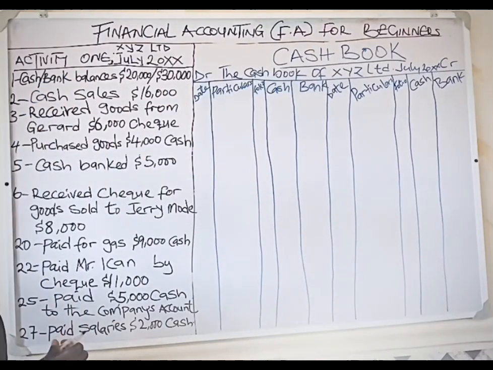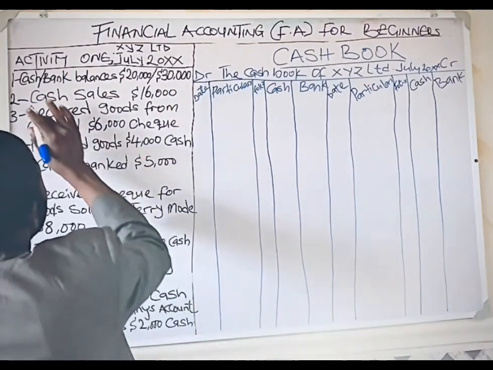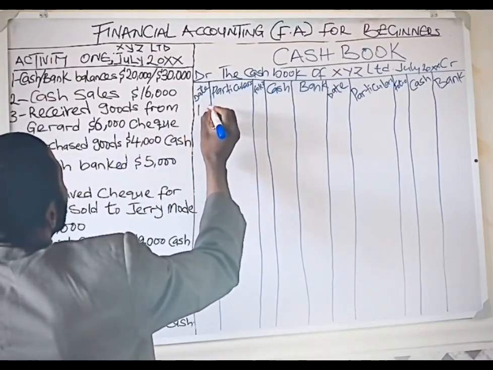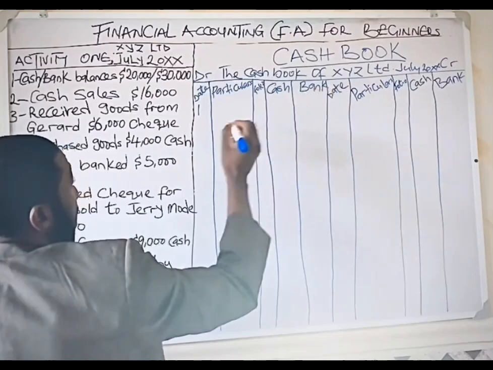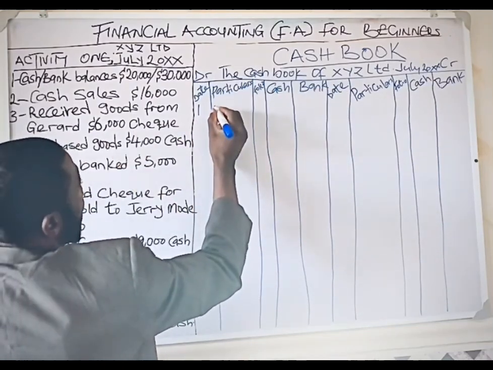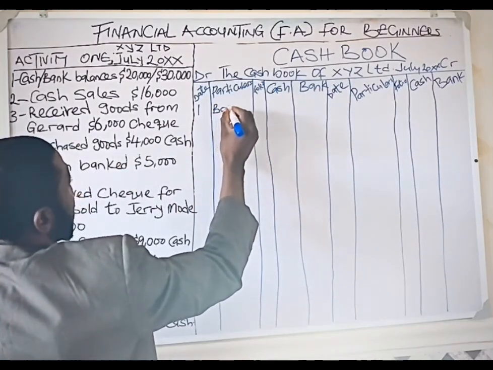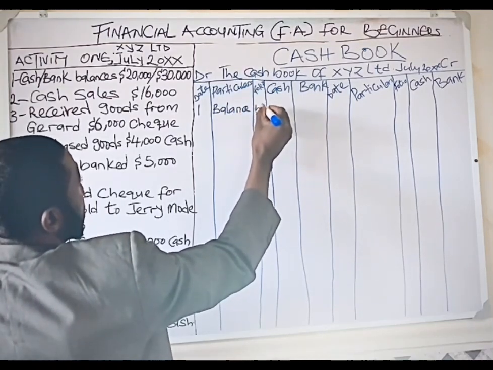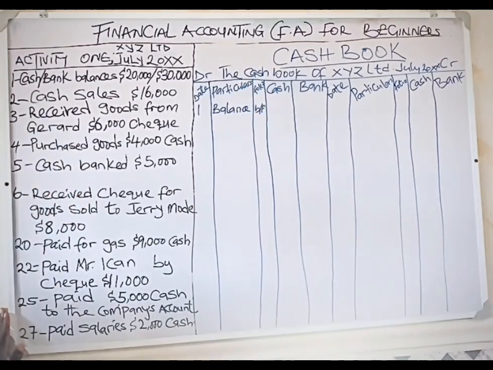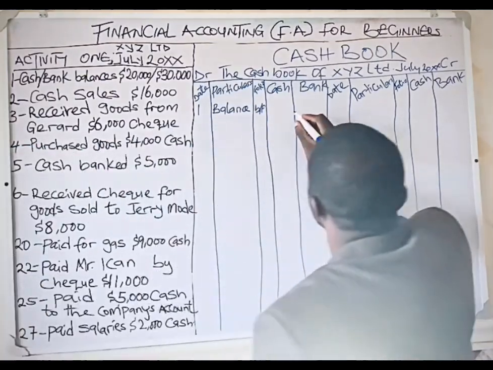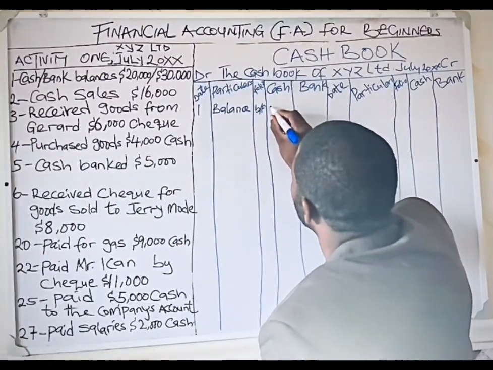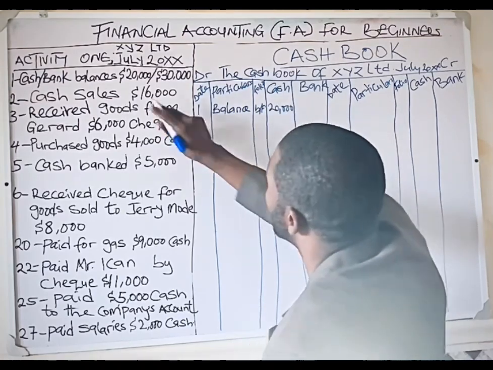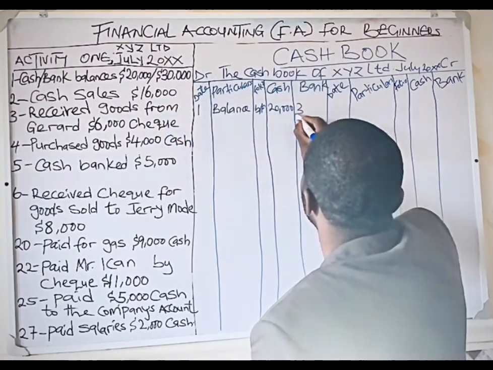So you will say 1st of July, particulars, balance BF, brought forward, balance BF of $20,000, and for bank $30,000.